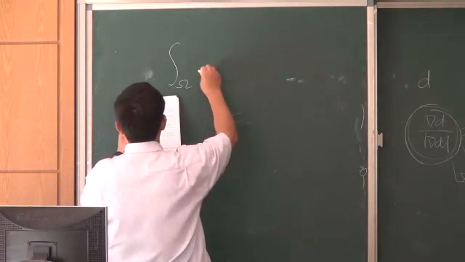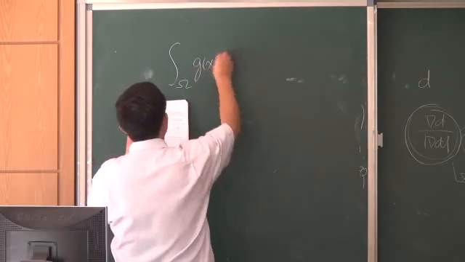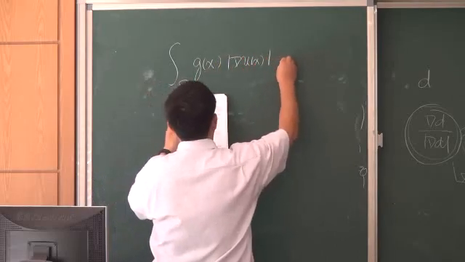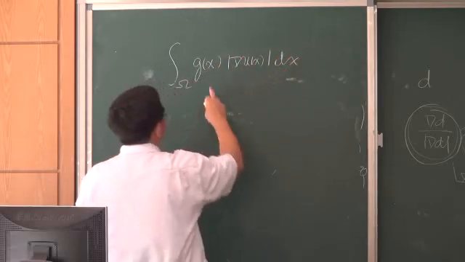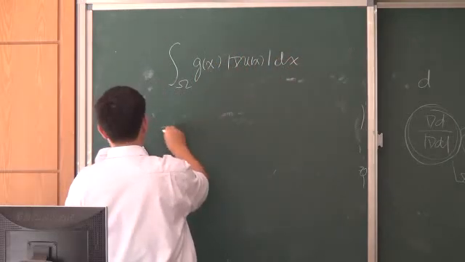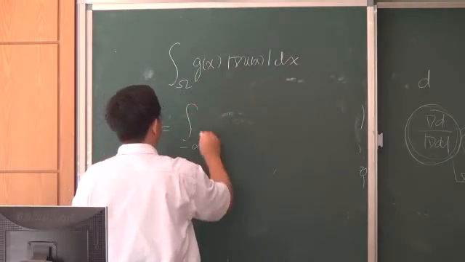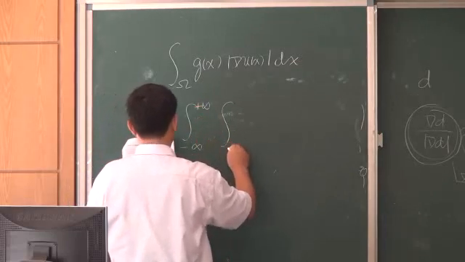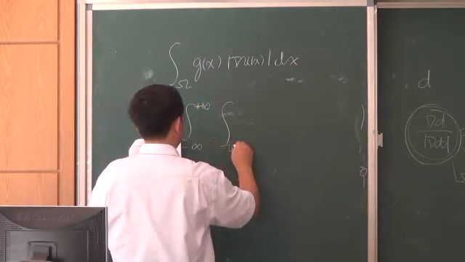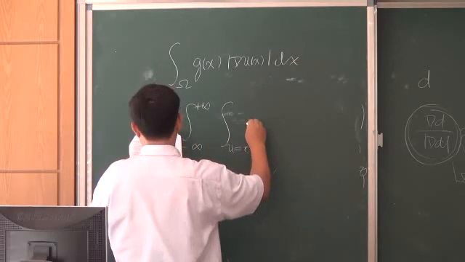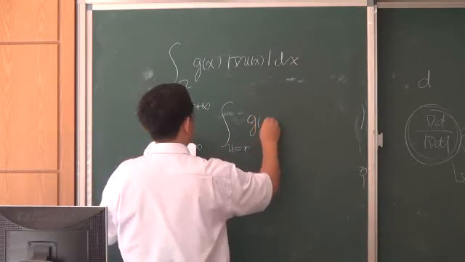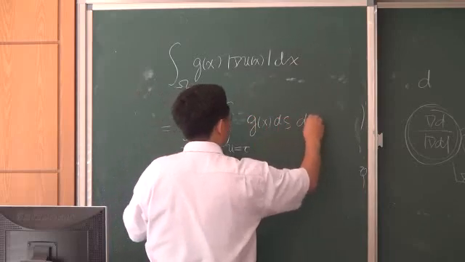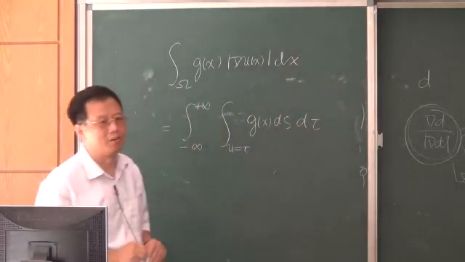If you just use Wikipedia over the internet, you get the co-area formula. So here is the integral over omega of g(x) dx for arbitrary g(x), and this is equal to the integral from minus infinity to positive infinity. Here are all the level curves, u equal to tau. So here is g(x). So this is the so-called co-area formula.